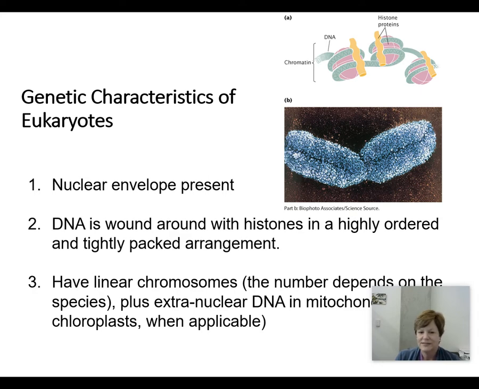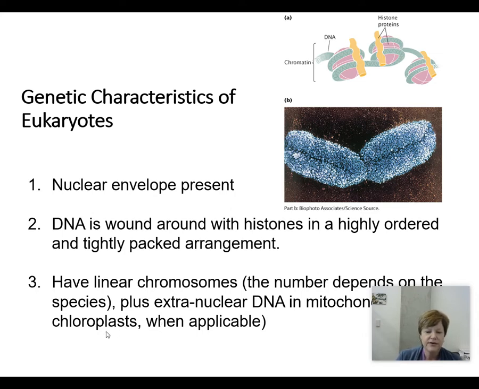Drosophila has 8. So it just varies based on the species. And the trick is that chromosomes don't have to be any particular length. So just because one species has more or less chromosomes per cell doesn't mean they necessarily have more or less DNA per cell, because the size of the chromosomes can be quite variable.